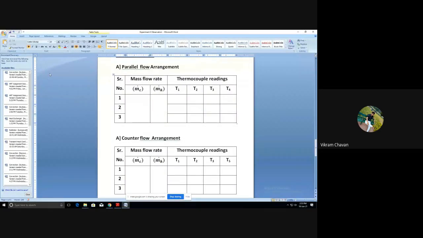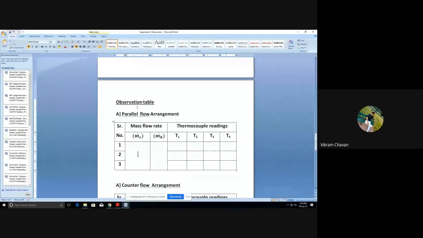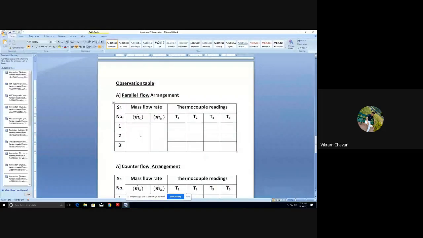Shraddha, please let me know the readings for the parallel flow arrangement.